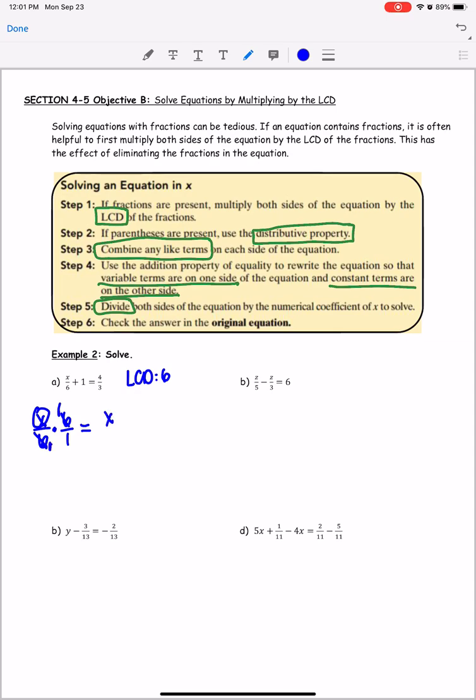And a 1 times a 1, x over 1 is x. Okay, and this might actually be better if I don't put this over 1 for this particular one. Your 6's here cancel, and all you're left with is an x. So this one here now just becomes x after I multiply it by 6.